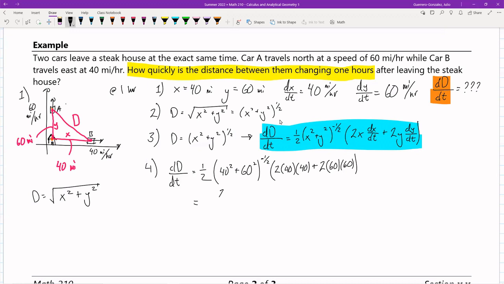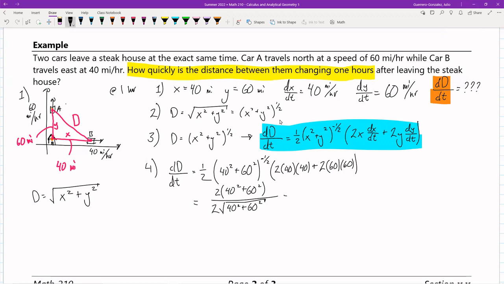So I'm going to go 2 times 40 squared plus 60 squared, all over the square root of 2 times 40 squared plus 60 squared.